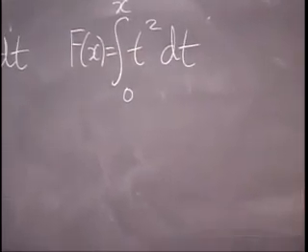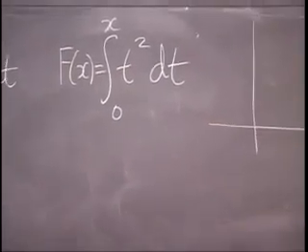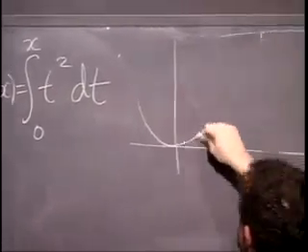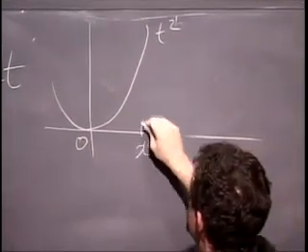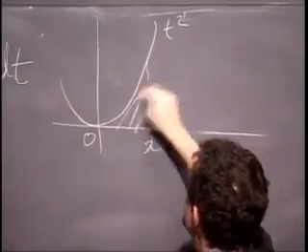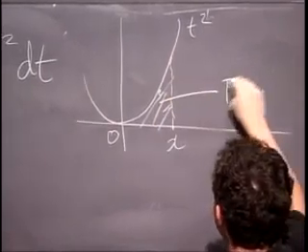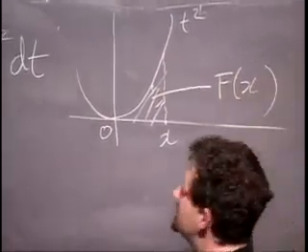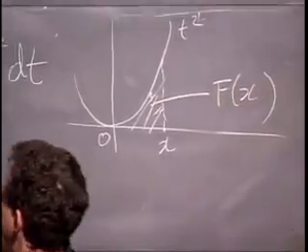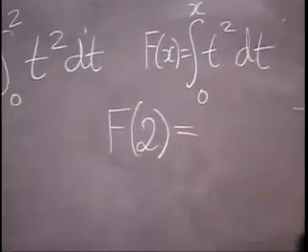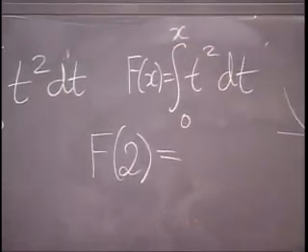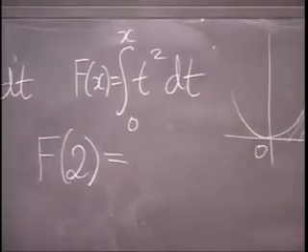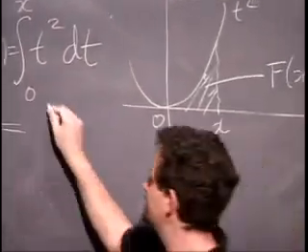So what does it mean? It means that I take this curve y equals t squared, and I integrate it from 0 to wherever x is, and that area will be capital F of x. So I ask you this, what is F of 2? Plug in x equals 2, I get the integral from 0 to 2, which is 8/3.